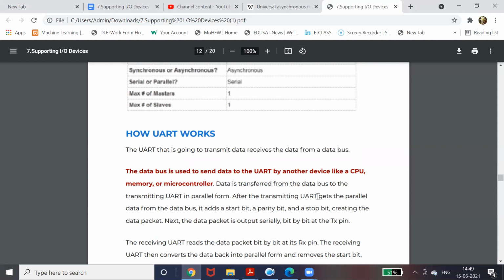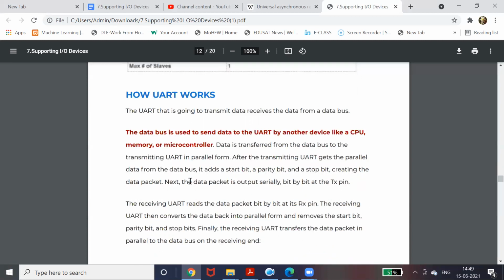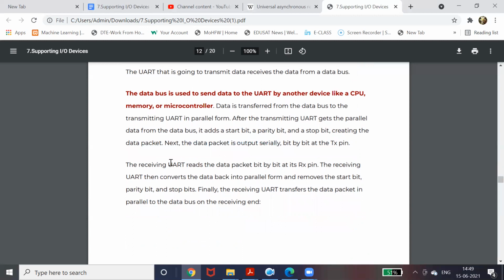UART then adds a start bit, parity bit and stop bit. Later we will see what the parity bit and stop bit are. Then it creates a data packet, and this packet is sent serially, bit by bit, at the TX pin. At the receiver side, UART reads this data bit by bit at the RX pin.